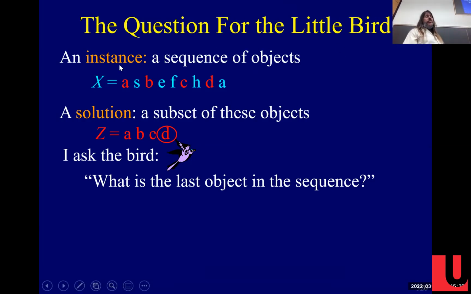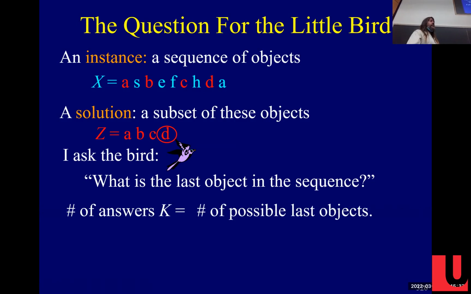Well, there are n answers. This could be the last, or this could be the last, or this could be the last. So there are n possible answers. What would be a better question where she has fewer answers? Think about short edges instead of long edges. This is kind of a long edge. What would a short edge be?